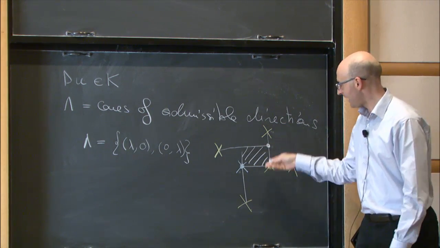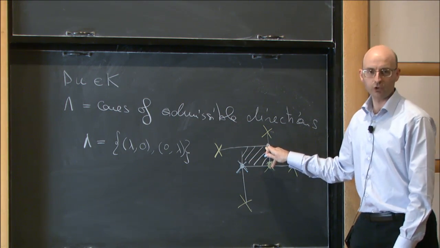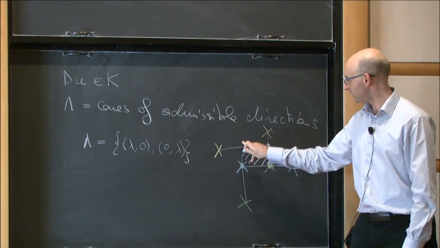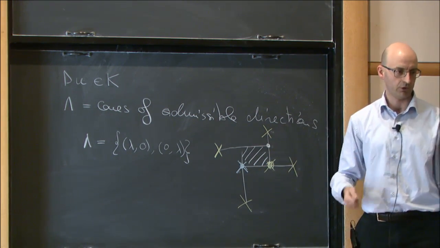If you define the notion of convex hull correctly, this white point is going to be there, as well as this point and that one. Once you have these four points, you can draw the square in the usual way.